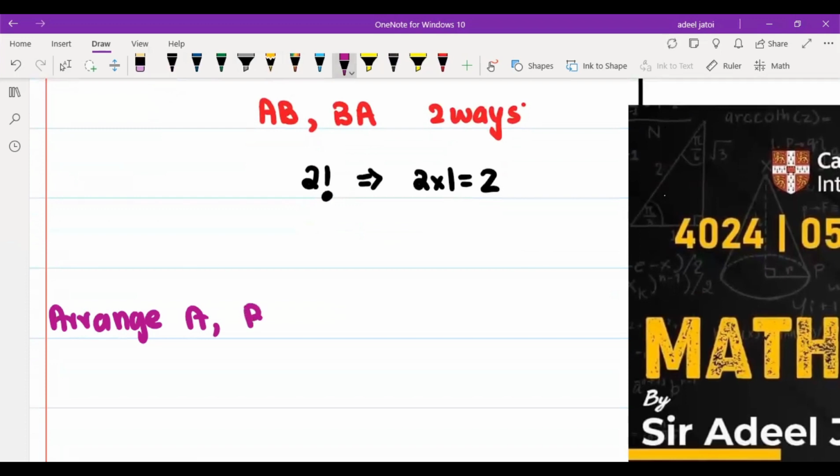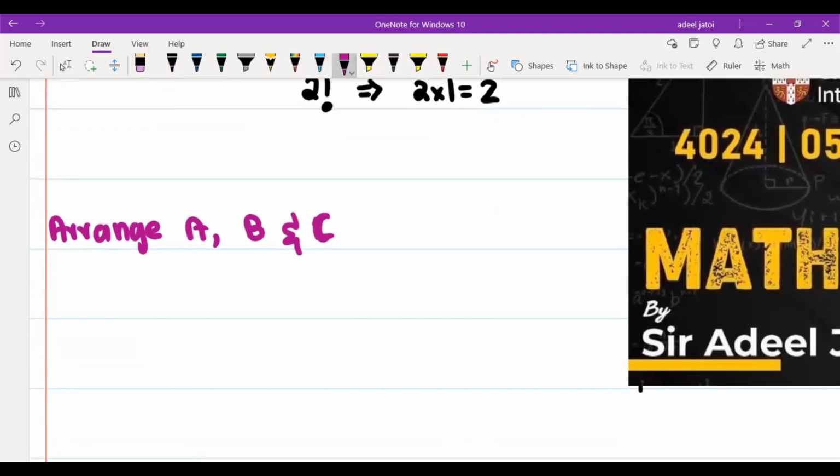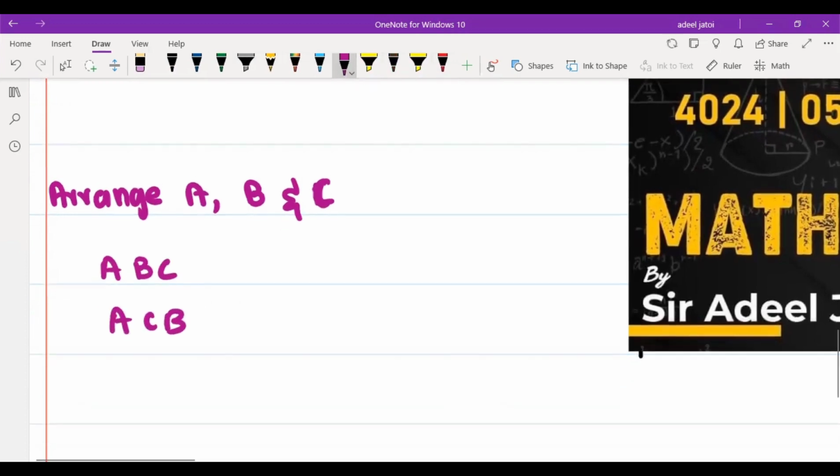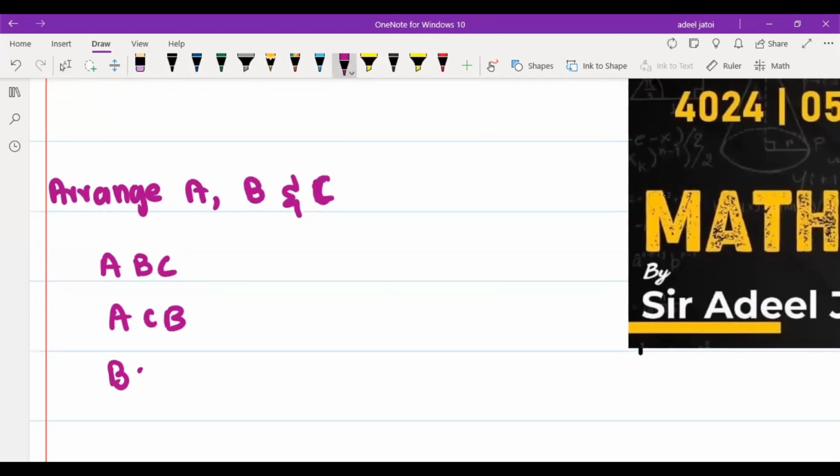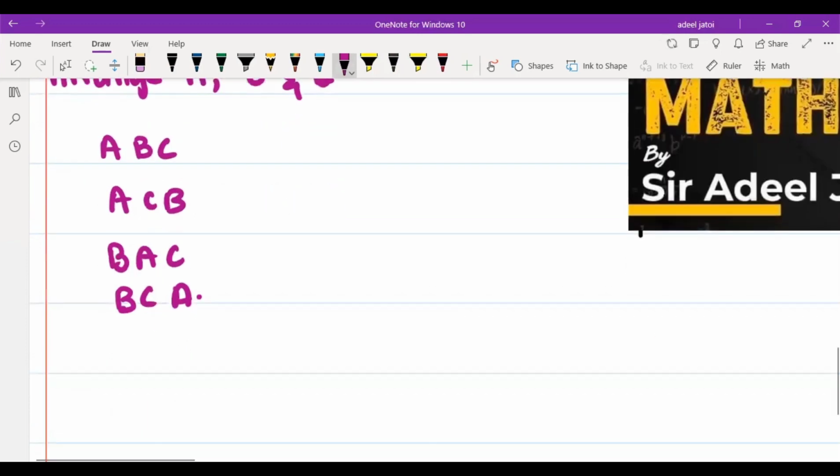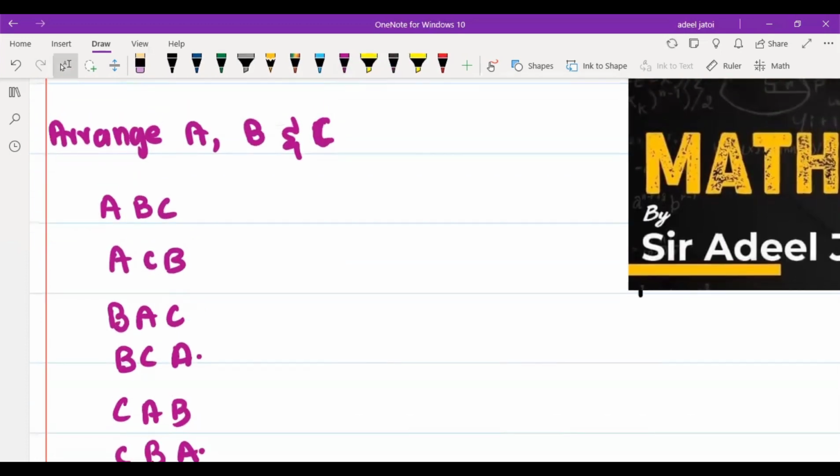If I say we need to arrange A, B, and C, let's work upon that. If it's A, B, C, it can also be A, C, B. If it is B, A, C, it can also be B, C, A. If it is C, A, B, it can be C, B, A. So there are 6 different ways that A, B, C can be arranged.